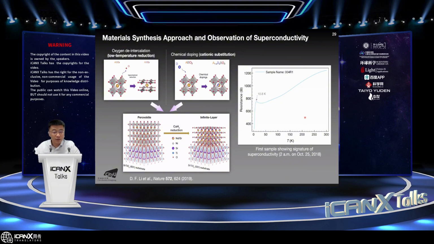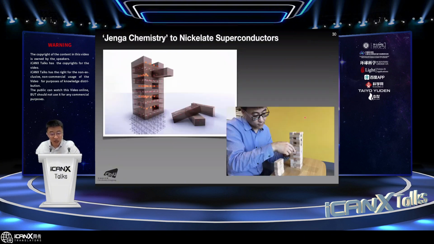The chemistry behind this material synthesis, we call it Jenga chemistry. This is to say that these infinite-layer structures were obtained by using a combination of material growth and post-growth processing, by removing the oxygen blocks from the materials in a controlled manner.